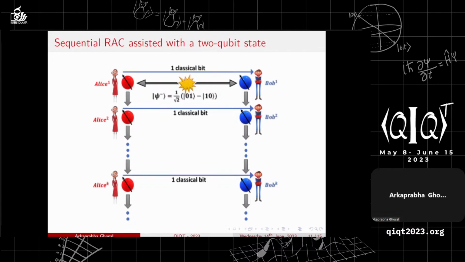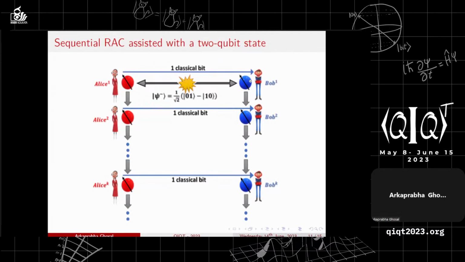For example, let us consider each pair of players wants to play the 2-to-1 RAC game. In this case, Alice 1 will perform some general POVM measurement and communicate one classical bit to Bob. And depending on Alice's outcome, Bob will again perform some POVM measurement.